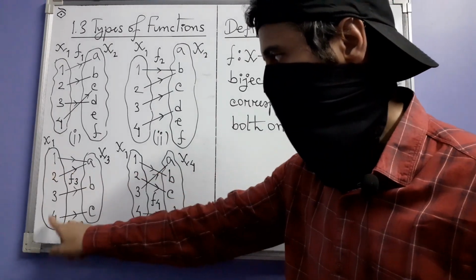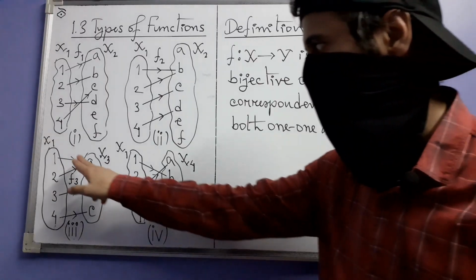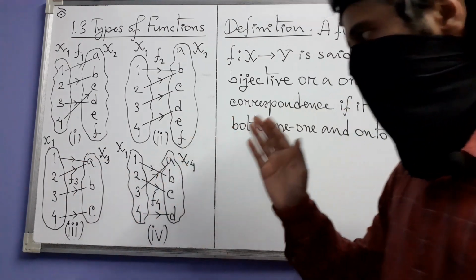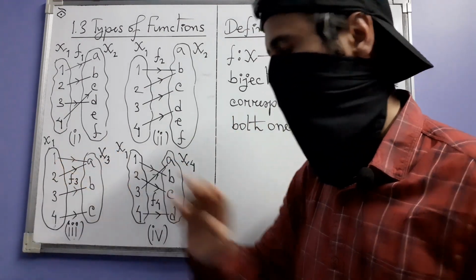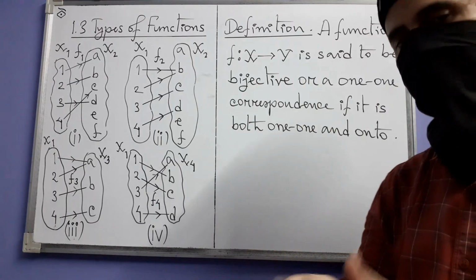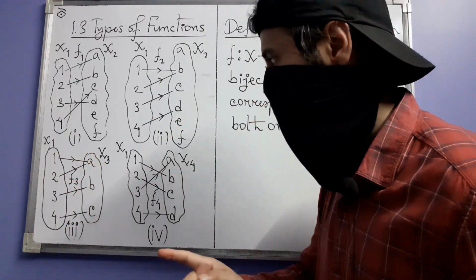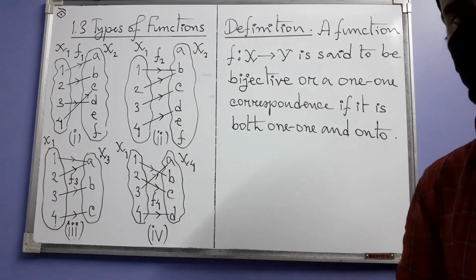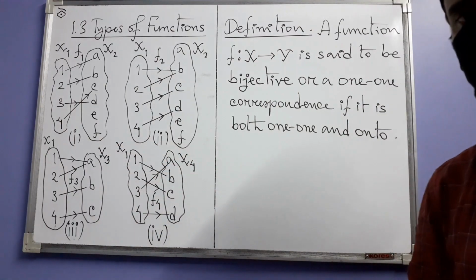If no one has to sit idle, then everyone has to attack someone, but because there are more soldiers here, you are bound to have a situation where more than one soldier is attacking a single target. So having a 1 to 1 function from x1 to x3 is impossible, because here the number is less.